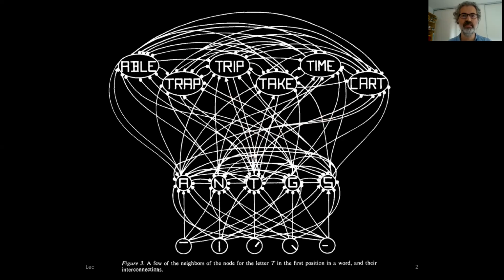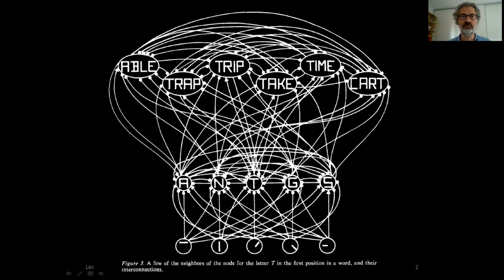This expresses the idea that if you are seeing a letter T in the first position, you cannot be looking at the word able or the word cart or any other word that has another letter in the first position. And the more certain you are that the first letter is T, the more certain you can be that you aren't looking at able or cart, but you might be looking at trap, trip, take, or time.